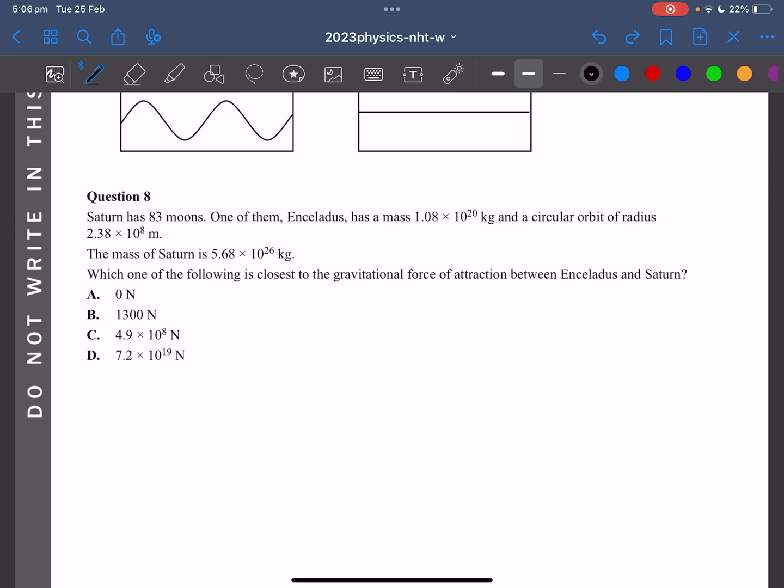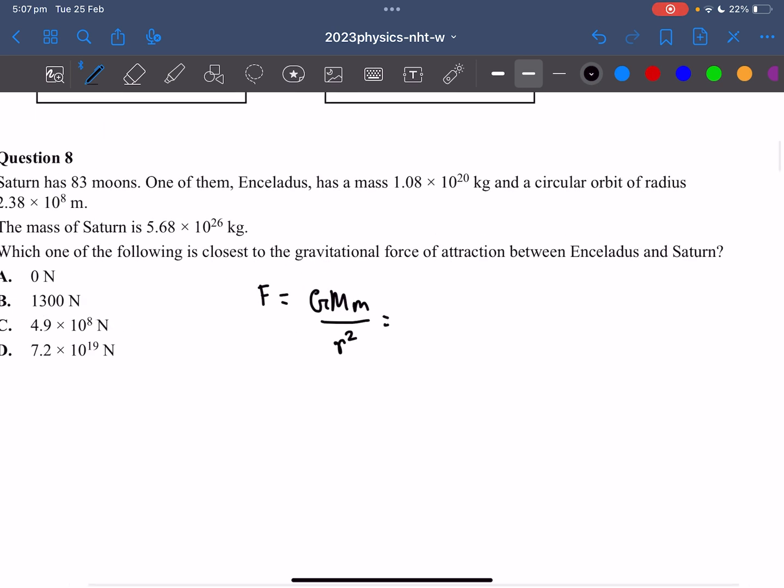Okay, so again, we are finding the gravitational force, so we can just use the formula F equals G m1 m2 on r squared. So our G is going to be 6.67 times 10 to the negative 11. Let me just confirm that real quick. Yes, okay, cool.